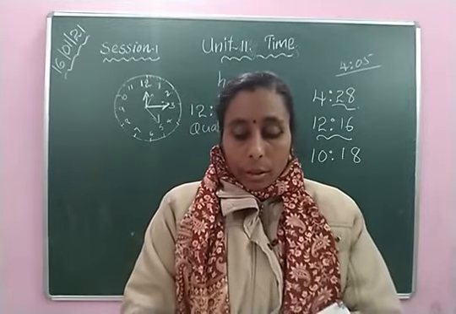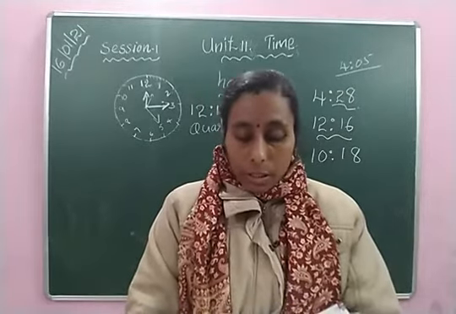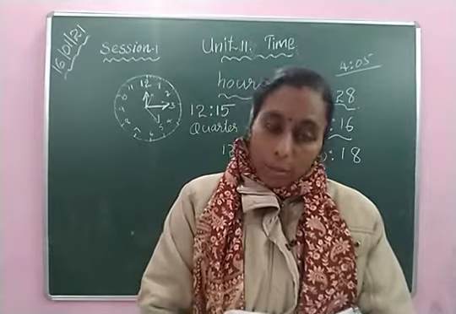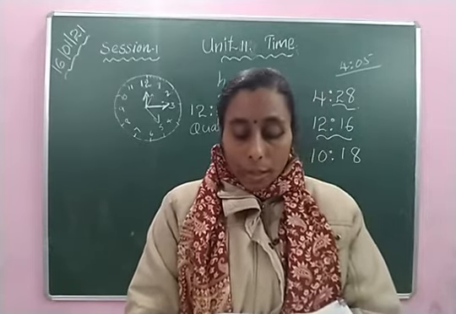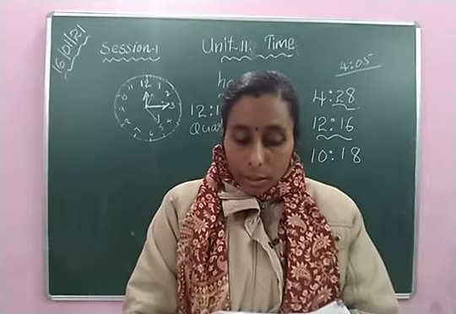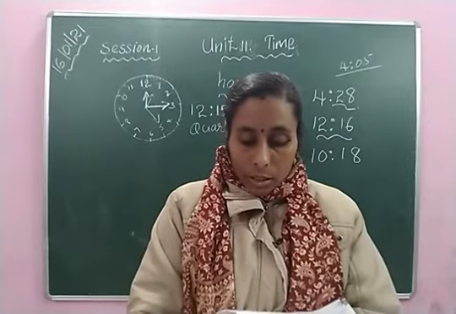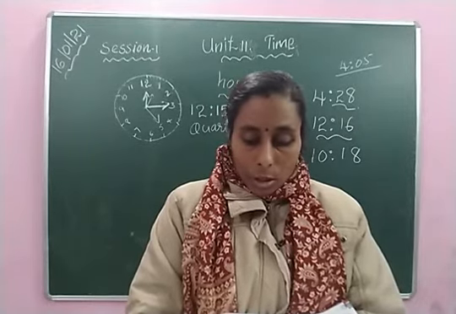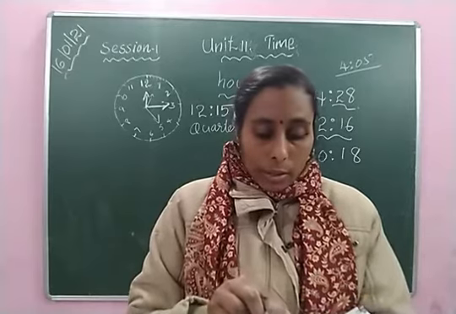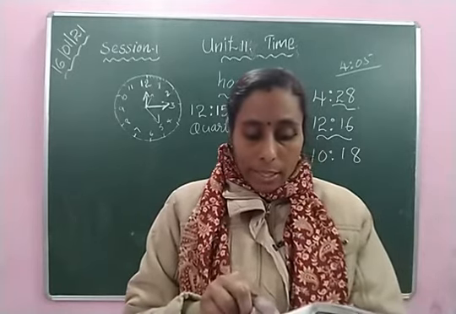Next one. The short hand is between 3 and 4 and the long hand is after 6. It is not on 6, it is before 7. How many lines are there? Third line.